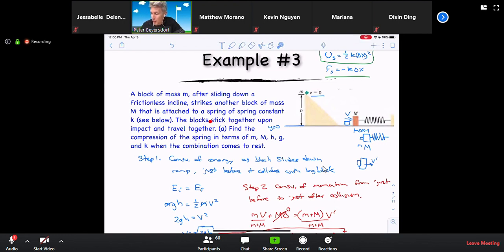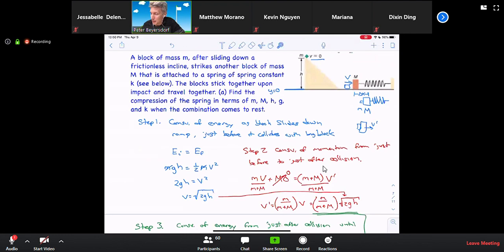So what would change is energy would be conserved. So over here at this point where we applied conservation of momentum, that conservation of momentum would still hold, although these two masses wouldn't be moving at the same speed. They would be moving at different speeds. So I would have one term for each mass instead of one combined term.